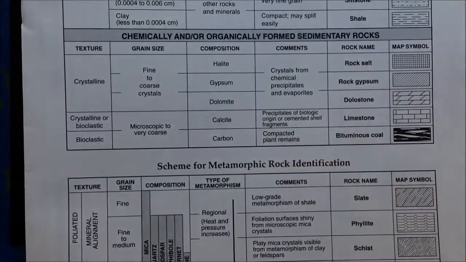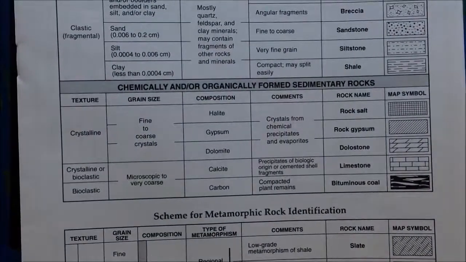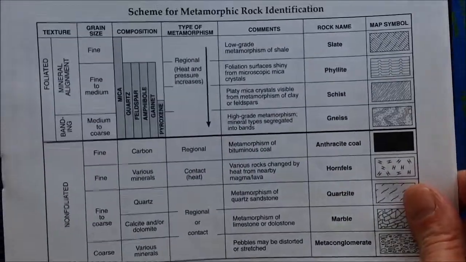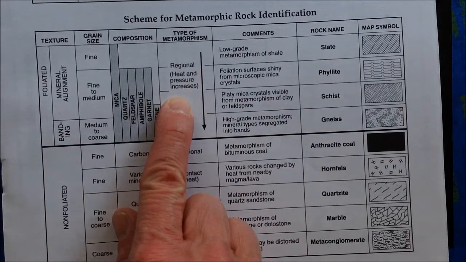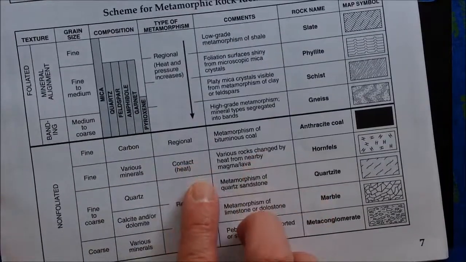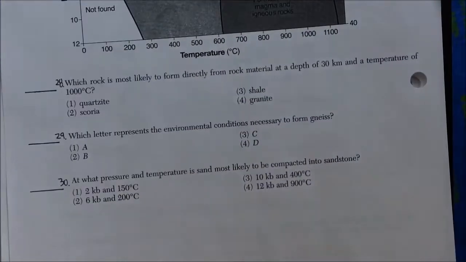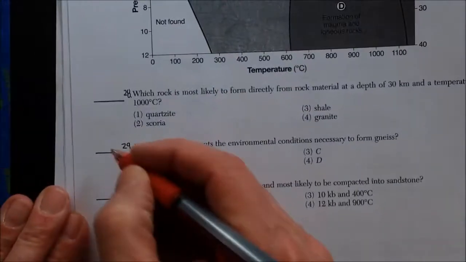So you got to recognize that these rocks here are all regional metamorphism, which means a big region of Earth is buried. Gneiss is not contact metamorphism. So it will have to be choice number 3 for that one.